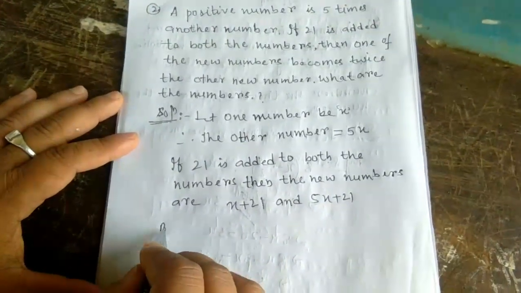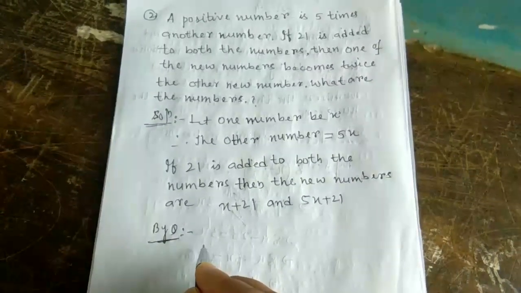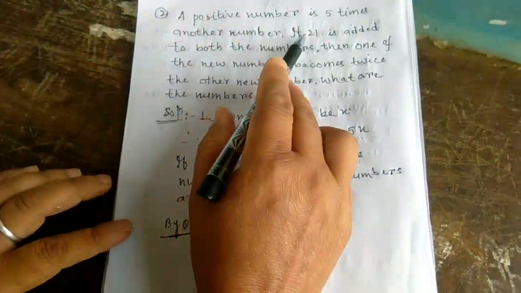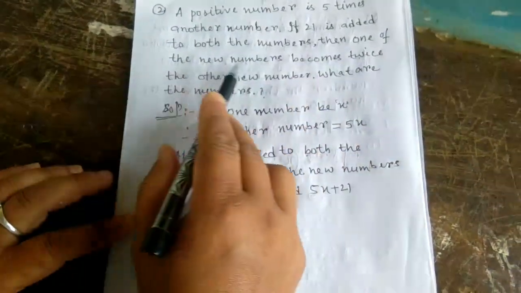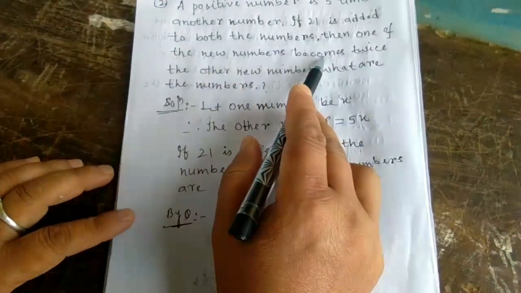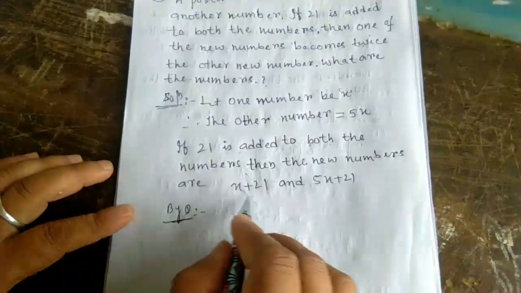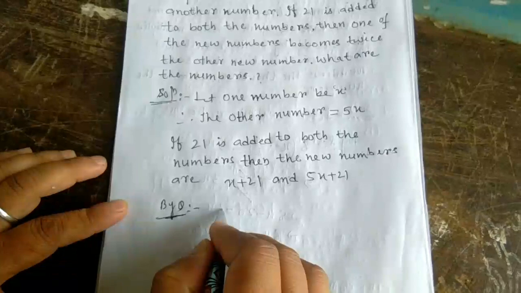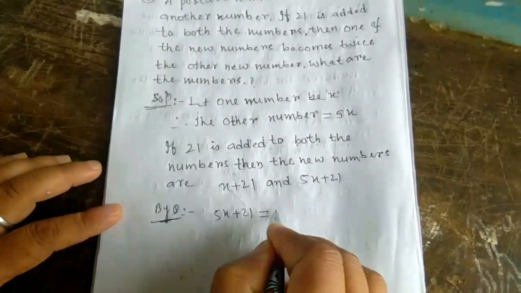After that, by question or according to question. Okay, by question part. If 21 is added to both the numbers, then one of the new numbers becomes twice the other new number. Okay, so it is given this new number 5x plus 21 is equal to twice, given.